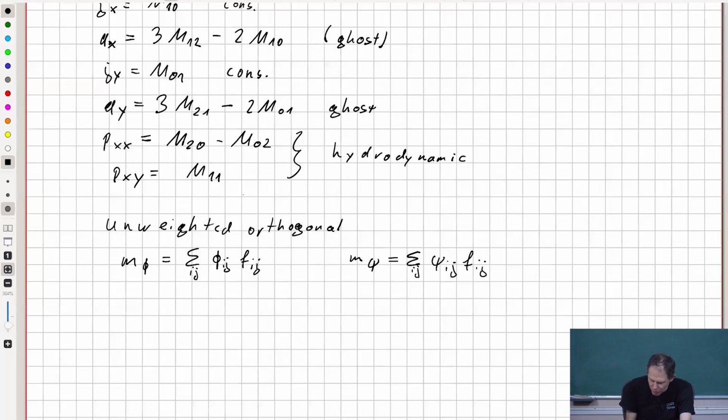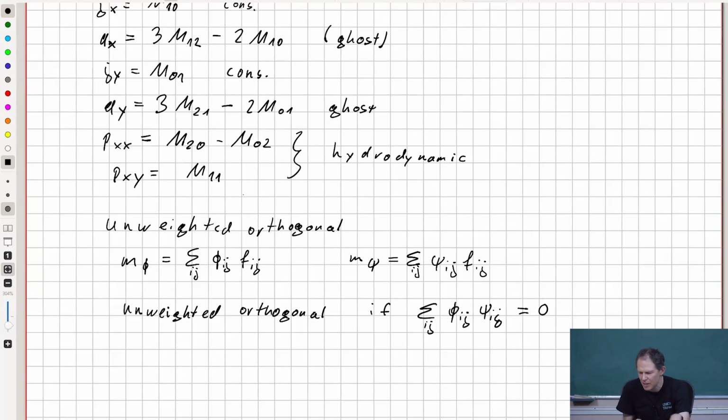Then these two moments are said to be unweighted orthogonal if the sum over ij of phi ij times psi ij is equal to 0.